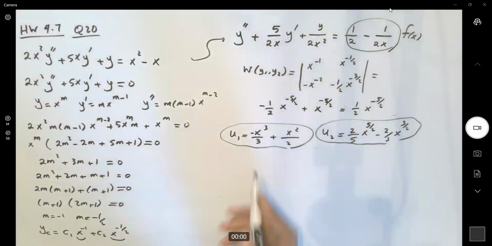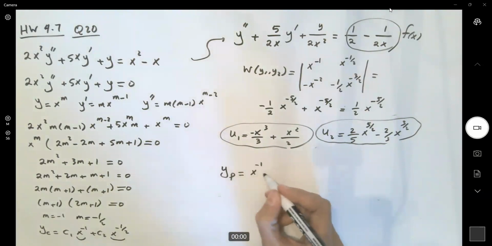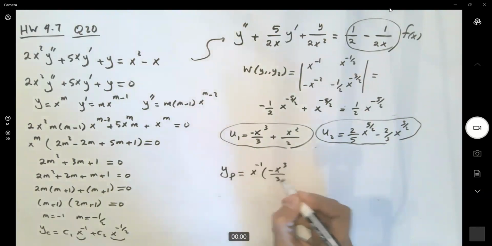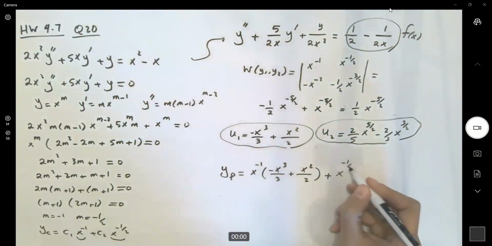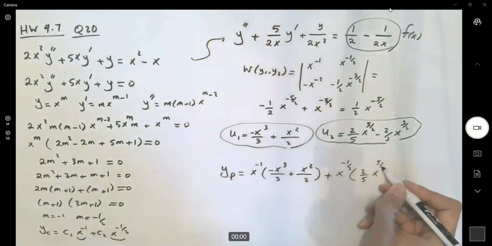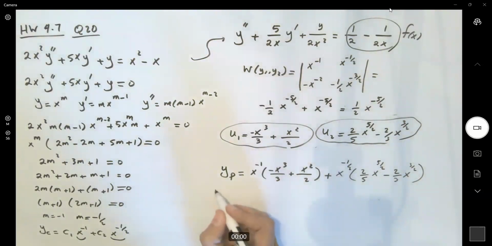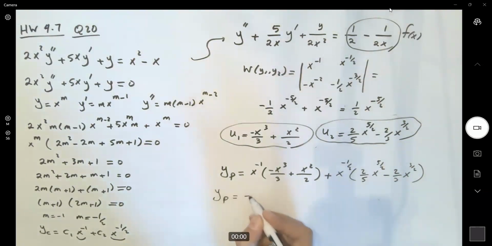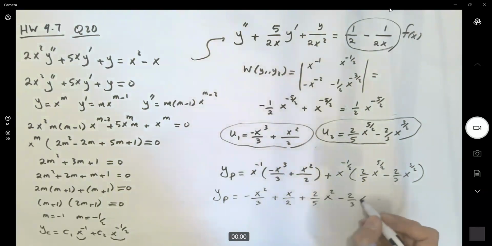The particular solution, y sub p, is equal to u1 y1, so x to the -1 times negative x cubed divided by 3 plus x squared divided by 2, plus y2, which is x to the negative a half, times 2/5 x to 5 over 2 minus 2/3 x to 3 halves. Let us distribute this. Yp becomes negative x squared over 3 plus x over 2 plus 2/5 x squared minus 2/3 x.